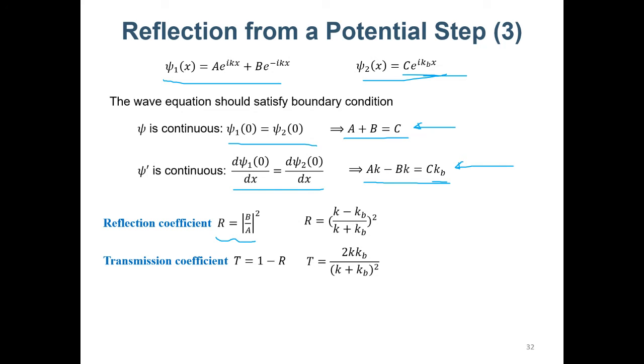Because B square is actually the probability of this term, which is going in the negative direction.